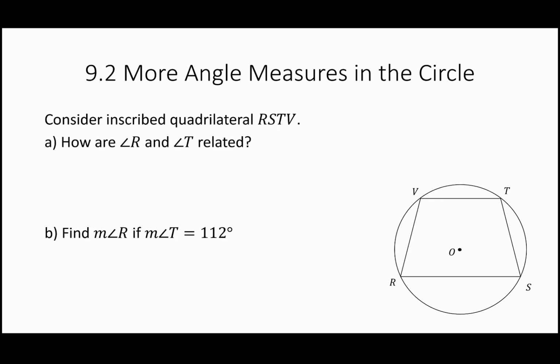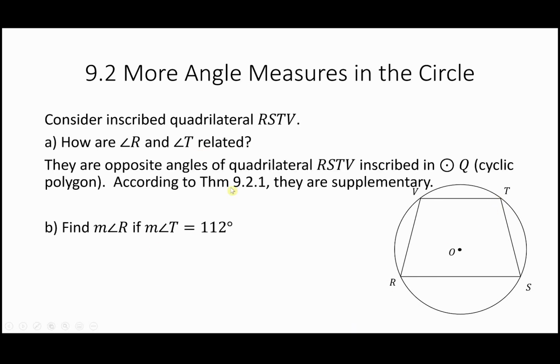Okay, there's another example. Let's consider inscribed quadrilateral RSTV inside of circle O. And we want to ask how are angles R and T related? Well, if you recall from that one theorem, they are supplementary to one another.